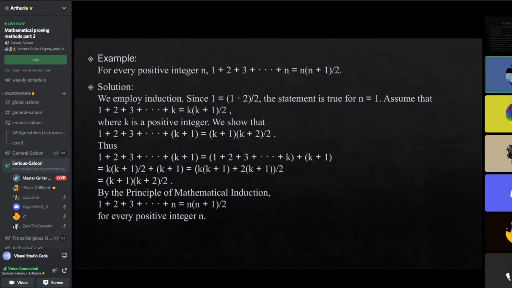Now we have shown the base step. After you have shown the base step, you take the inductive hypothesis, which is right here. The inductive hypothesis states: assume that the statement, the equality in this case, is true for some number k. After you do this, you replace every n in the equation by k.